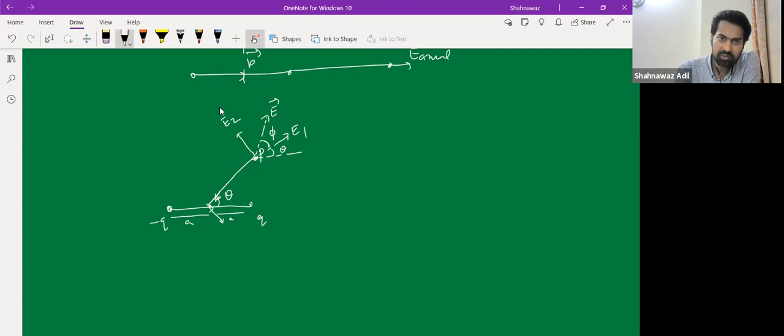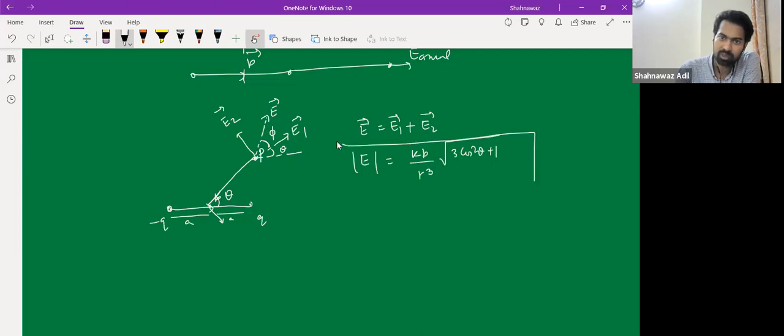So this is the electric field at a general point. In my previous lecture, I derived this. You just remember the magnitude: this is kp by R cube times root of 3 cos square theta plus 1.